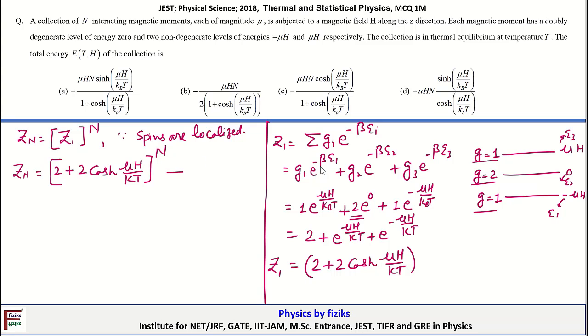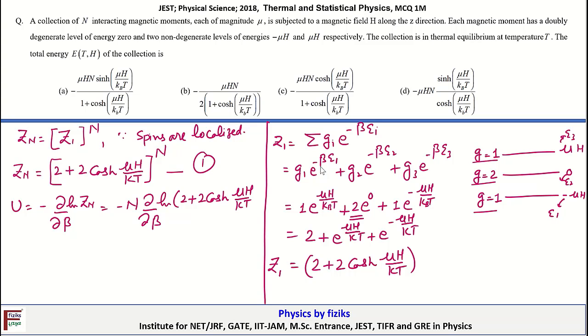So let's call this result equation 1, and from here we can determine the total average energy U, that is equal to minus curly beta of ln Zn, and that is equal to minus n curly beta of ln of 2 plus 2 cos hyperbolic mu h upon kt.